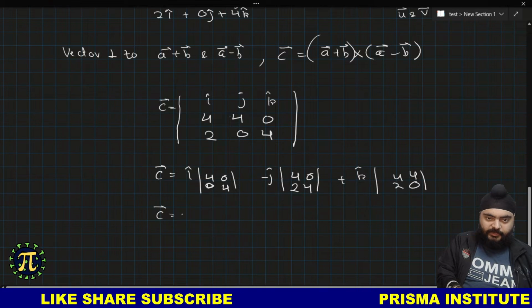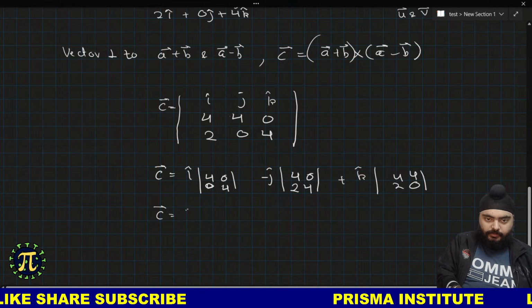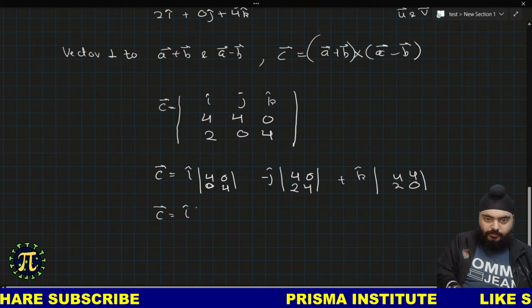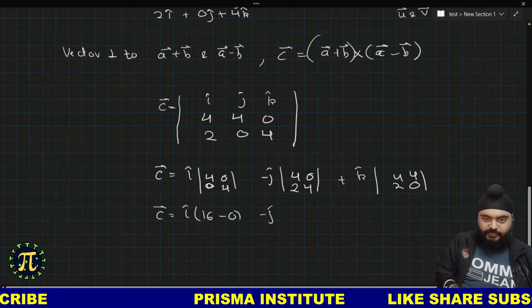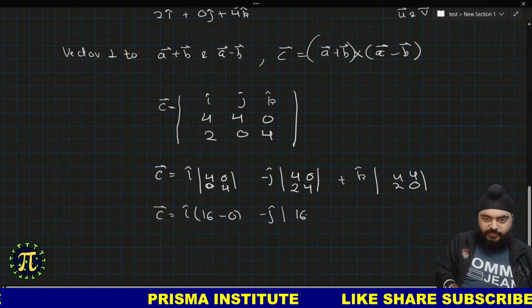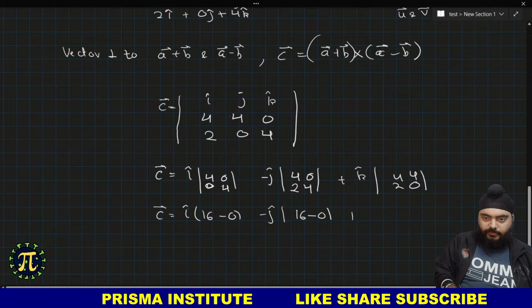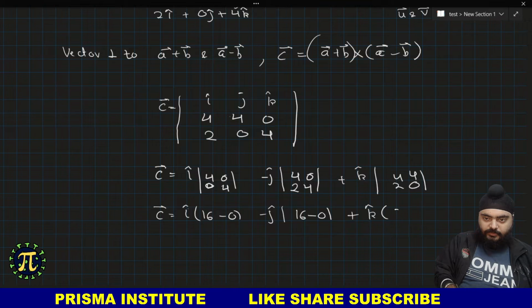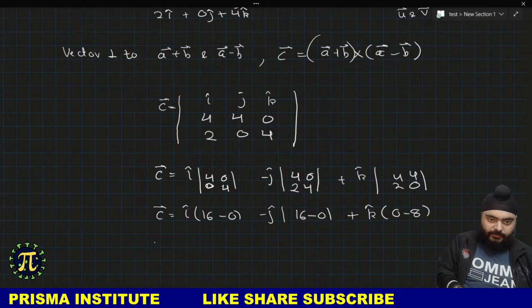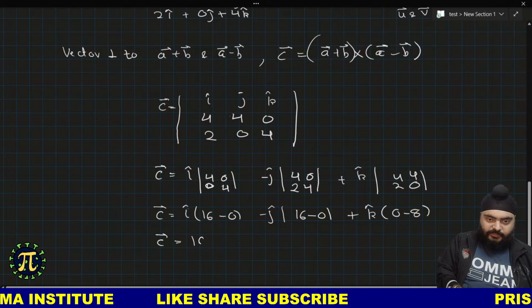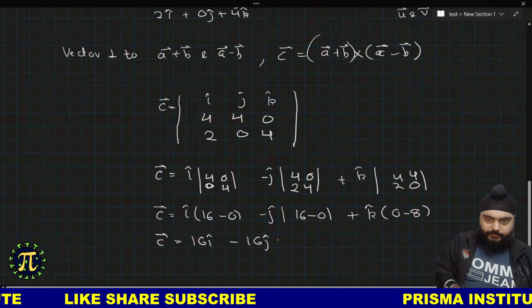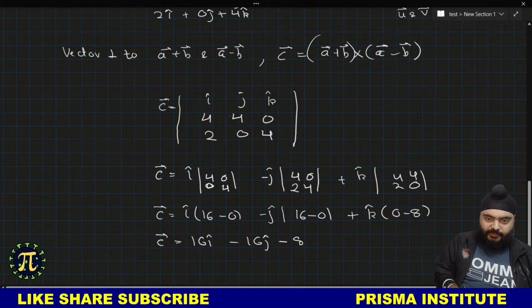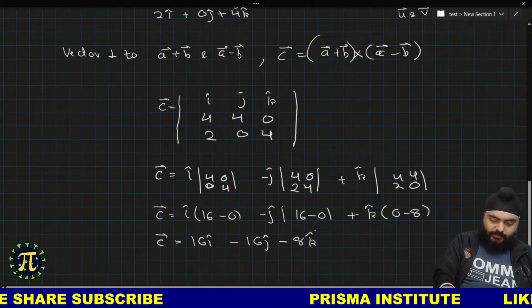So C vector is 16 minus 0, and minus j with 16 minus 0, plus k cap with 0 minus 8. So C vector is 16 i cap minus 16 j cap minus 8 k cap.